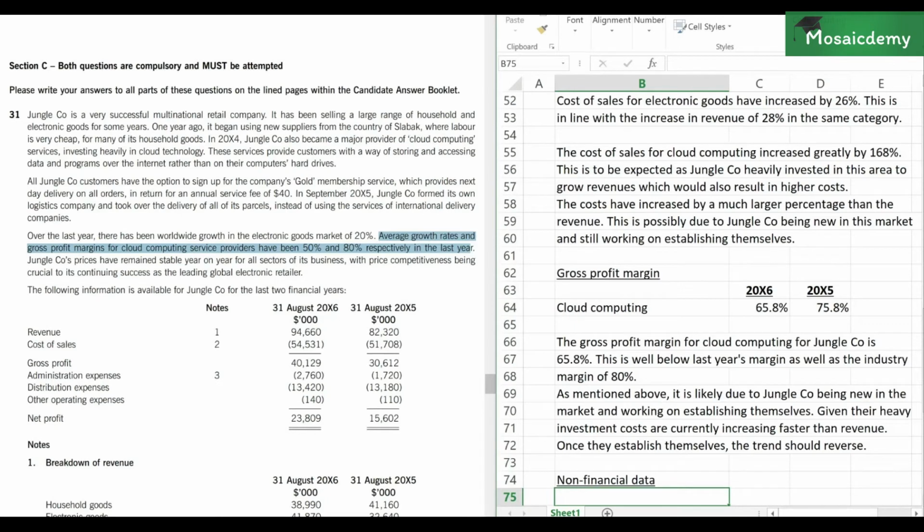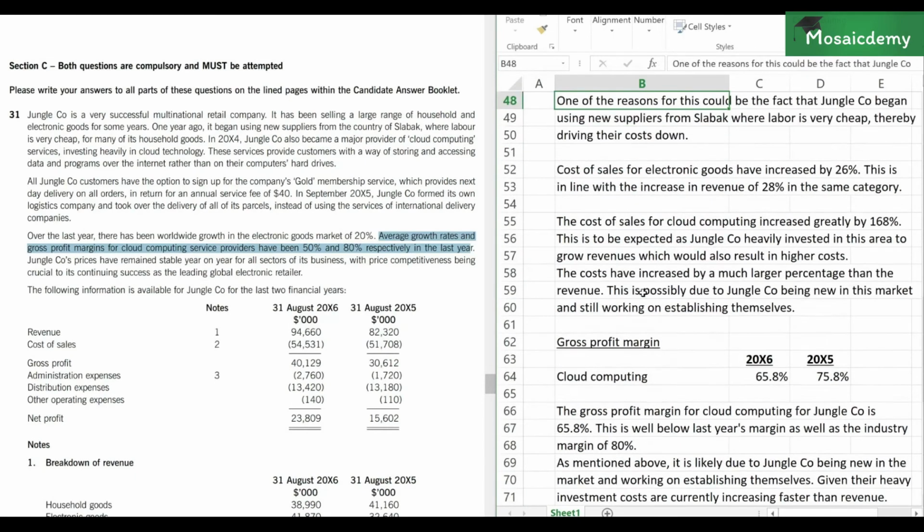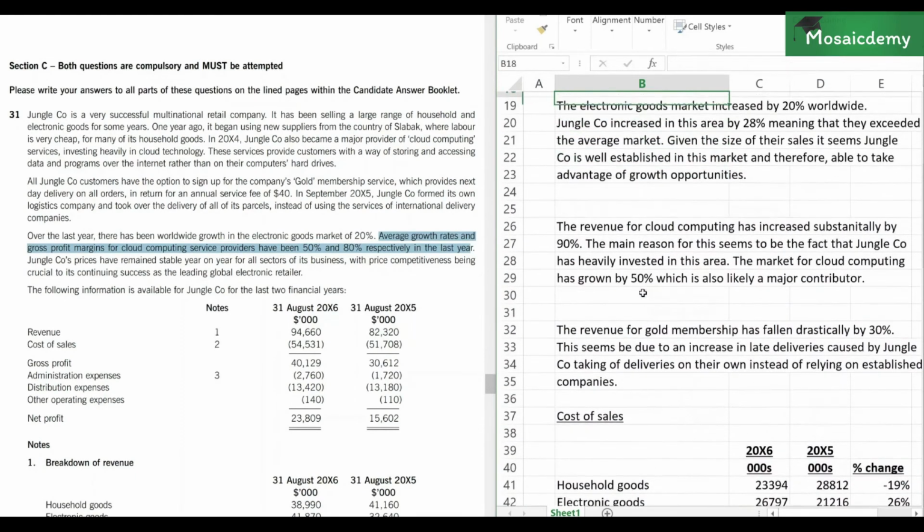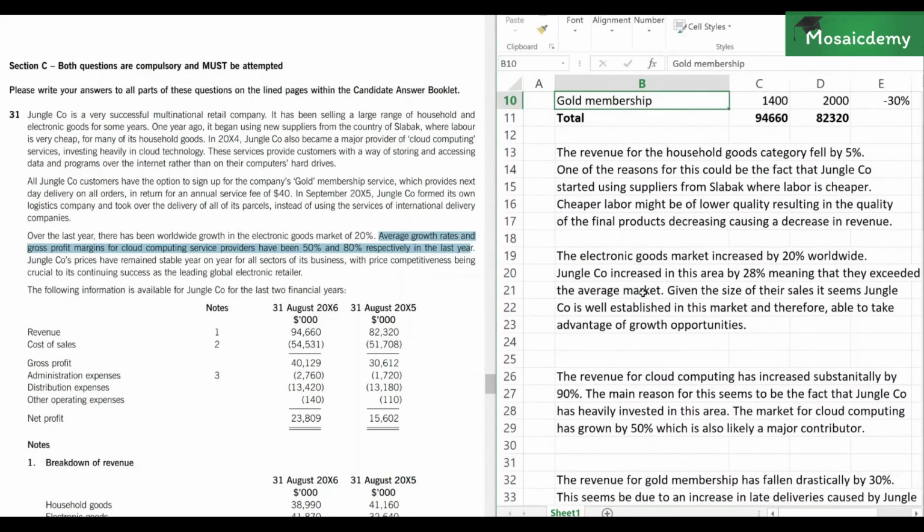Revenue is based on two things: the price of the product and the number of units you sell. If the price is stable, that means revenue is increasing either due to selling more units or decreasing due to selling fewer units. So we need to make this point, and since this point applies to all revenue, we'll make this point right on the top.